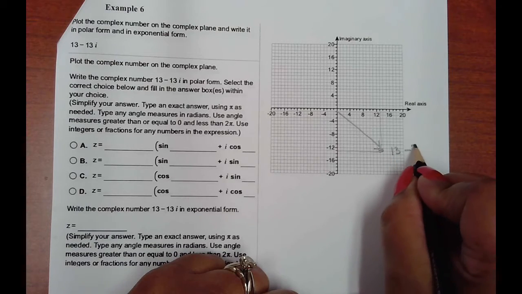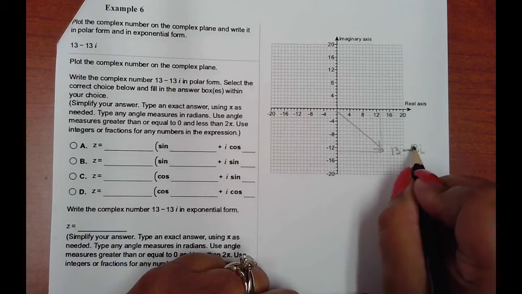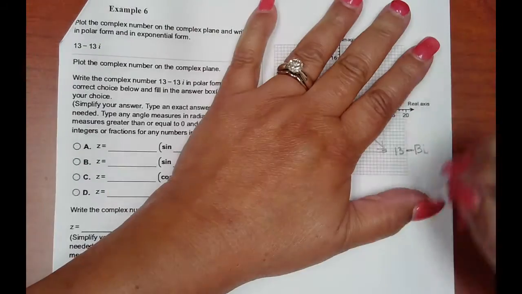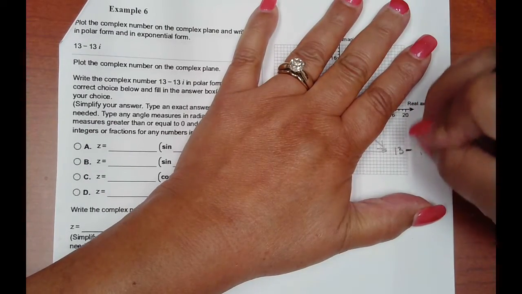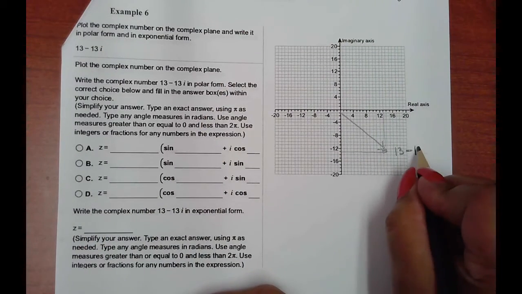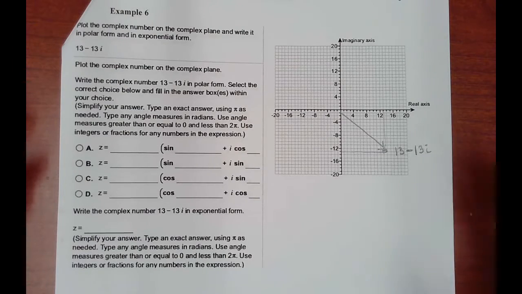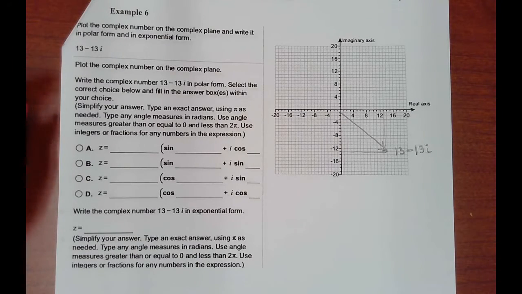That represents 13 minus 13i. And we want to get a polar representation for that complex number.